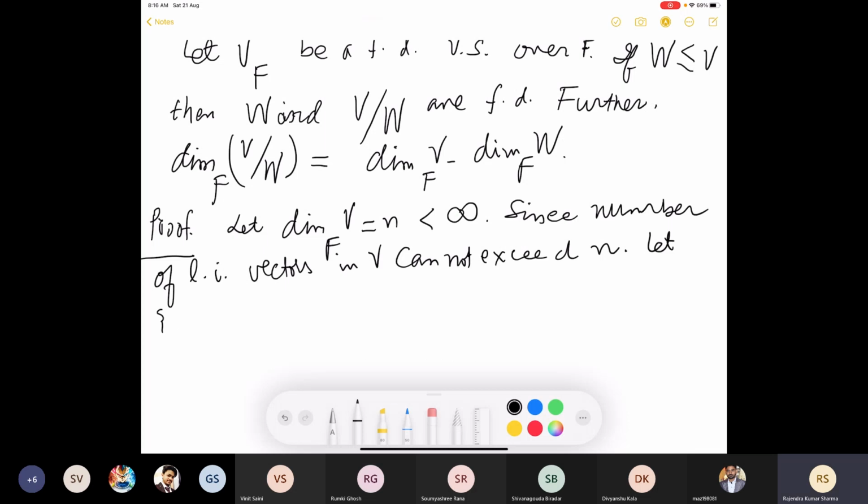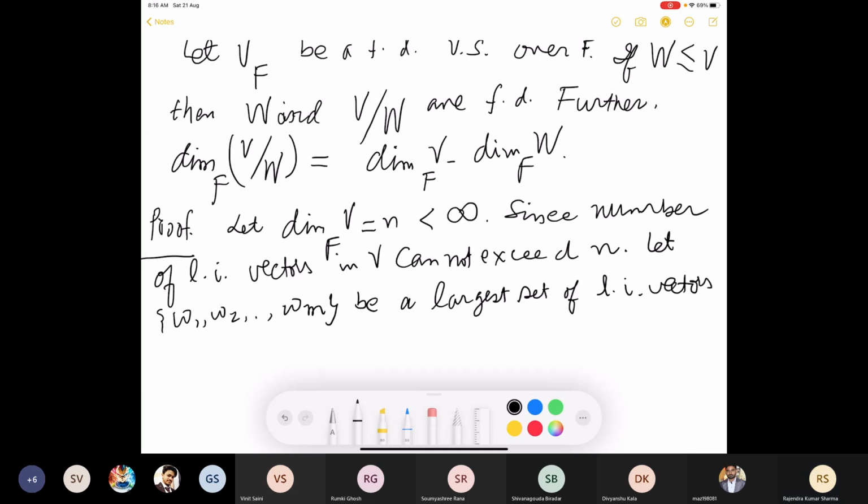So let us say that W1, W2, and let us say Wm be a largest set of linearly independent vectors in W. Elements of W are elements of V, and V cannot have more than n linearly independent vectors.